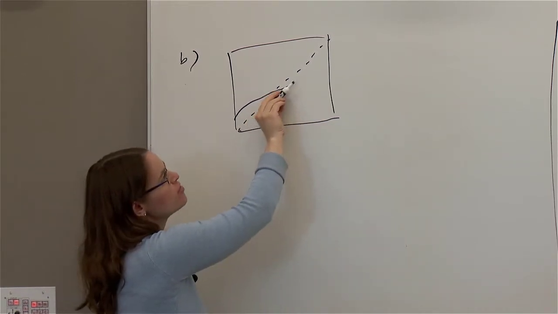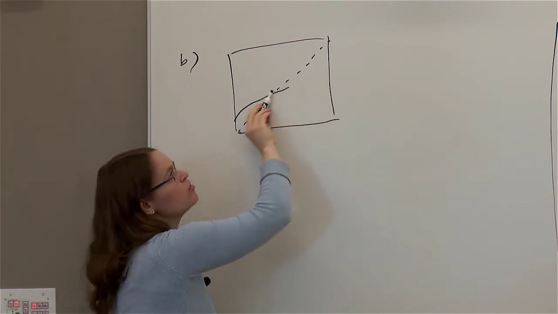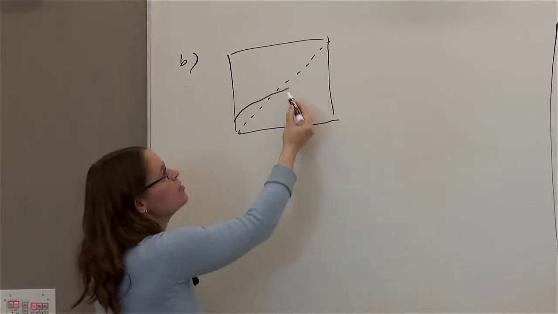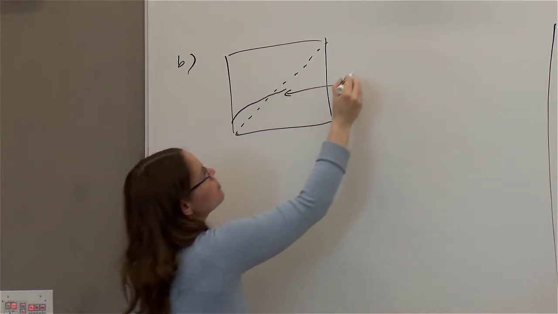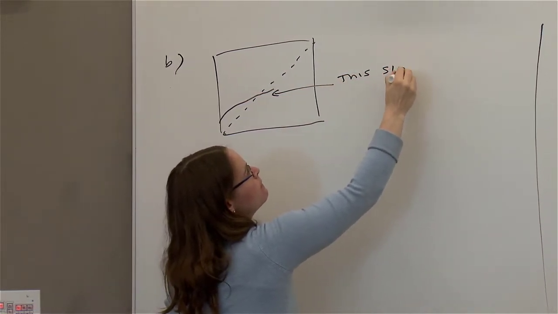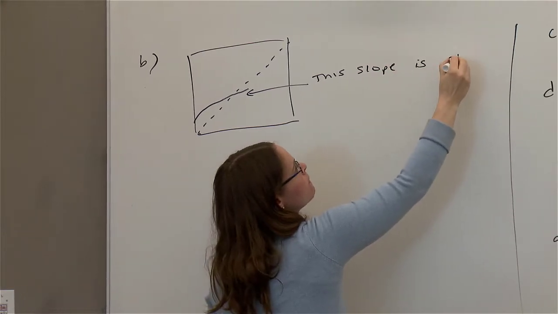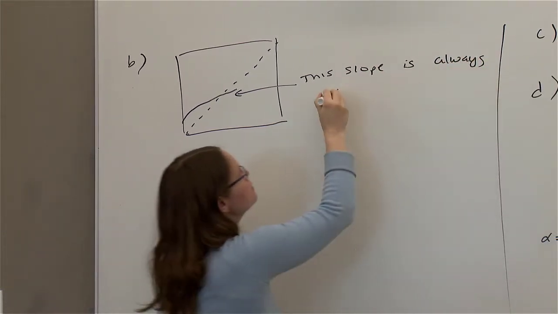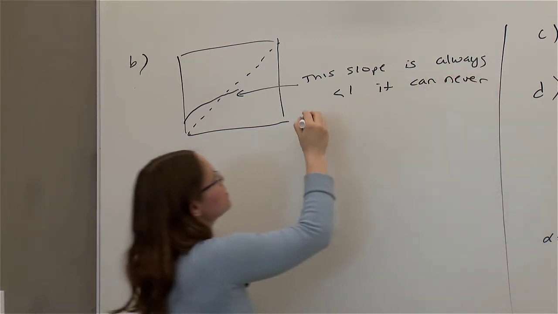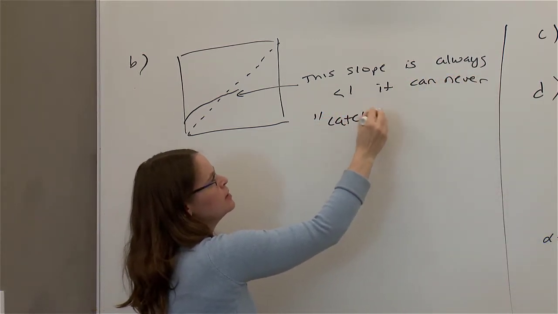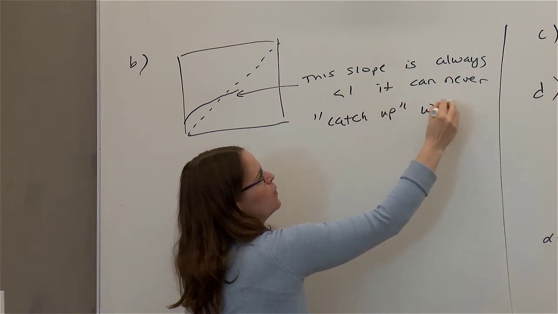So it's always going up with slope less than 1. This is always going up with slope 1. This curve is never going to be able to catch up to this curve, right? So since this slope is less than 1, it can never catch up with the line y equals x.